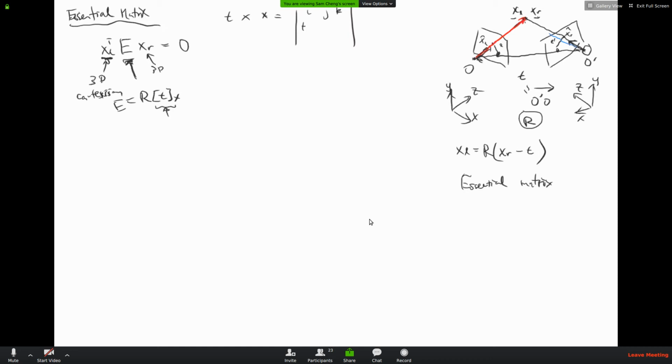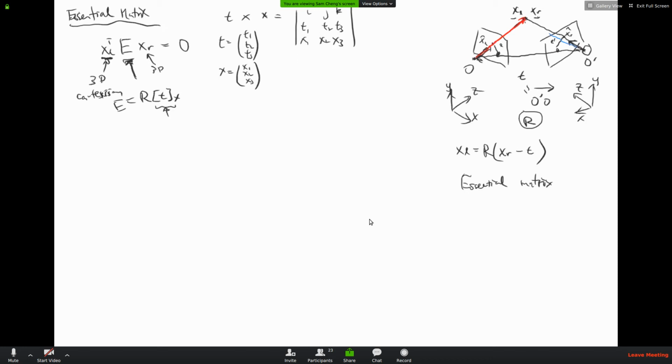T is a three-dimensional vector, T1, T2, T3, and X is X1, X2, X3.